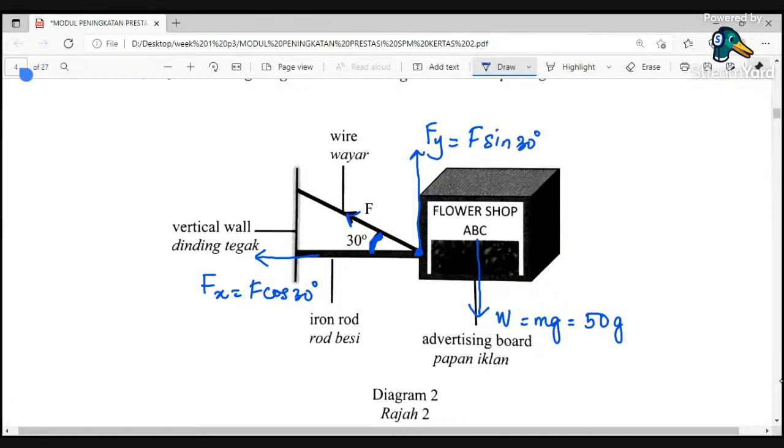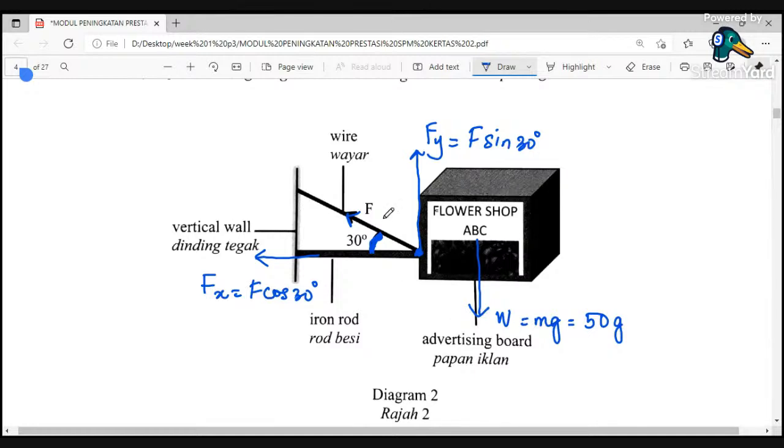Okay, you can also use this angle, up to you. Okay, so I use this angle 30, so I have component Y F sine theta. Okay, this advertising board is hanging at rest, meaning the forces act on the board are balanced. So upward force equals to downward force.